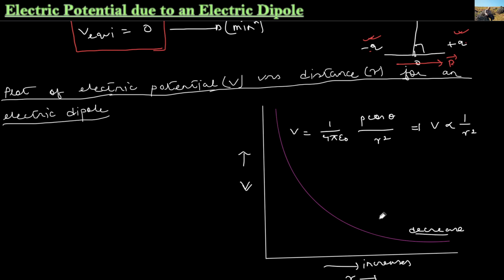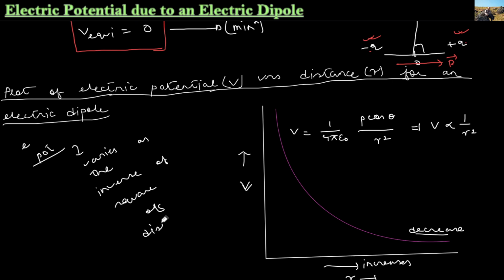It decreases with distance. So your electric potential varies as the inverse of the square of distance.